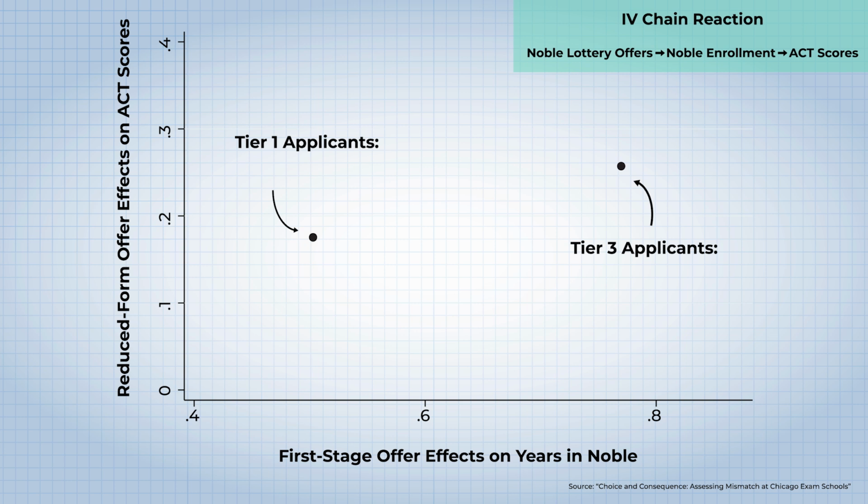Each point in this graphic has coordinates given by first stage and reduced form, and therefore implies an IV estimate. The effect of Noble enrollment on ACT scores is the ratio of reduced form coordinate to first stage coordinate. The graphic shows two such ratios. The relevant results for Tier 1 are 0.35, while for Tier 3 we have 0.33.